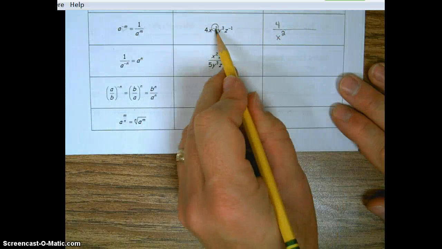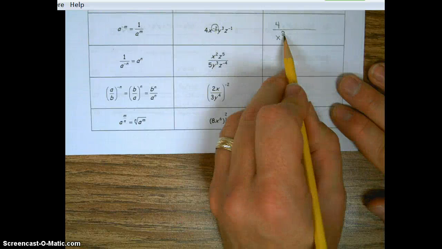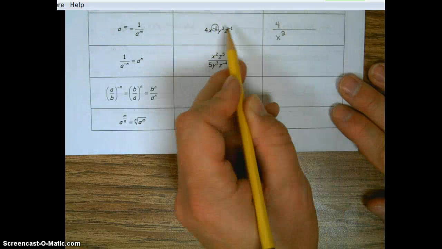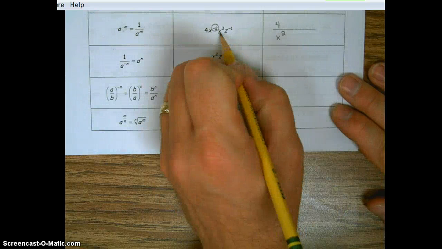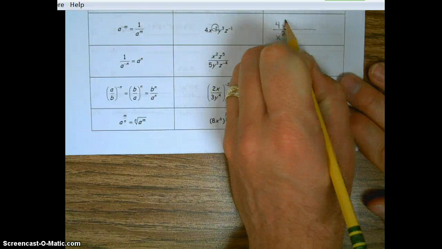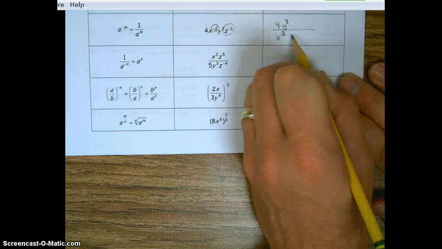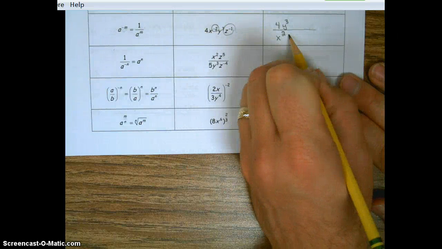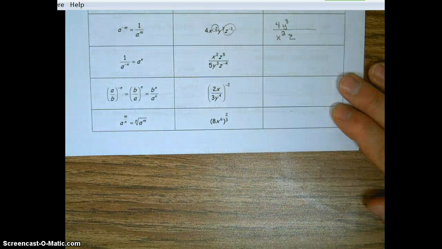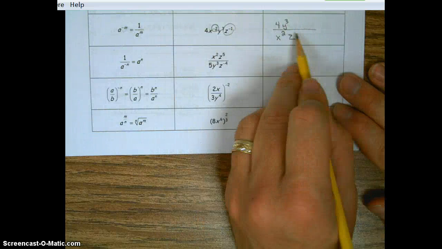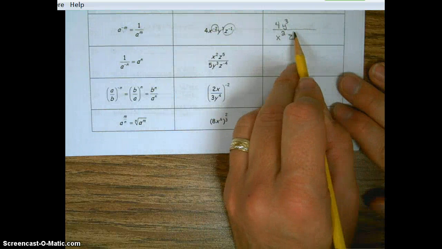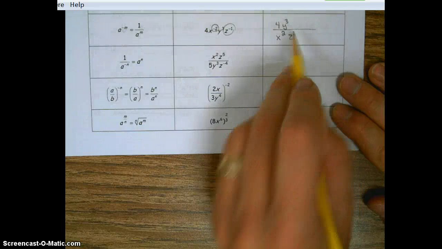Look at the exponent. Boom. Becomes positive. Okay? Y to the third, it's in the numerator. So we drop it down to the denominator. And when the exponent is a 1, we do not need to write it.